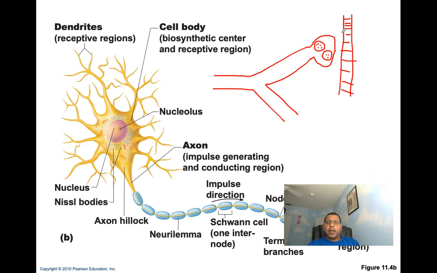Now, here is basically the synapse. So again, it's the junction that mediates information transfer from one cell over to the next. A junction where two things come together. So right here we call it a synapse.